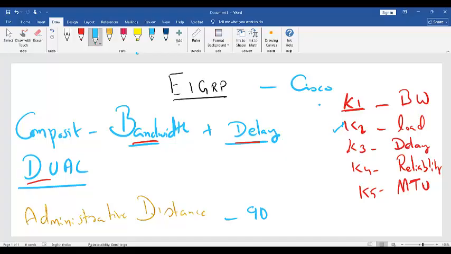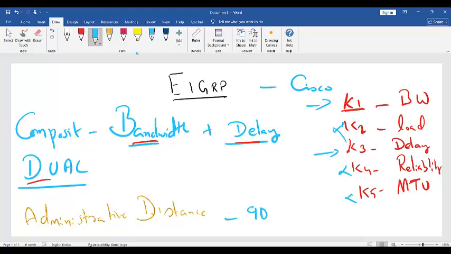Only these two are considered. What I'm saying is that all 5 will be seen in the algorithm, but the 3 that are not considered are multiplied by 0.